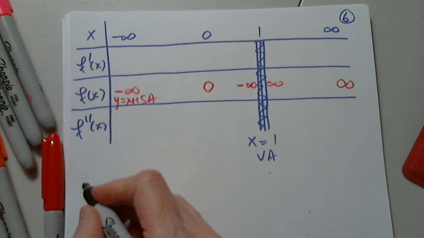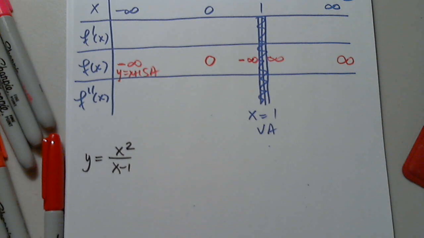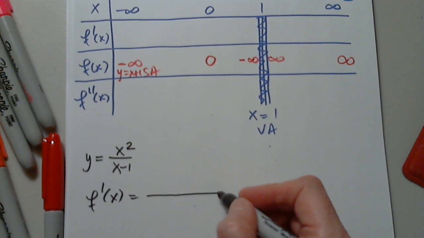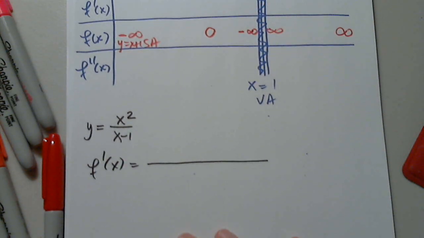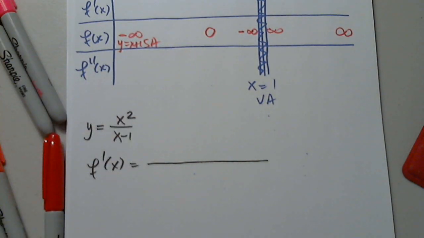I'm going to copy the function here, y equals x squared over x minus 1. So we want f prime, or y prime, it's the same thing. What rule of differentiation do we apply here?